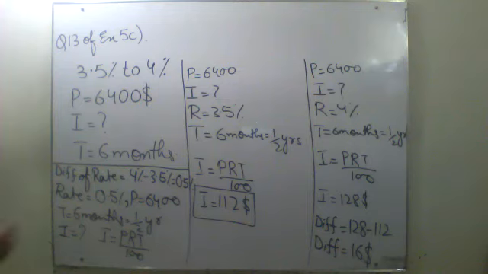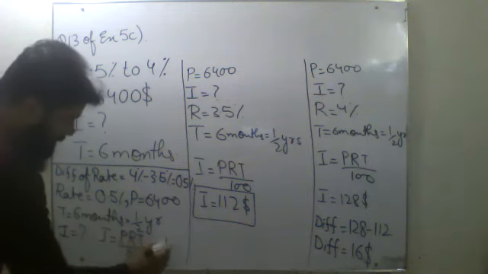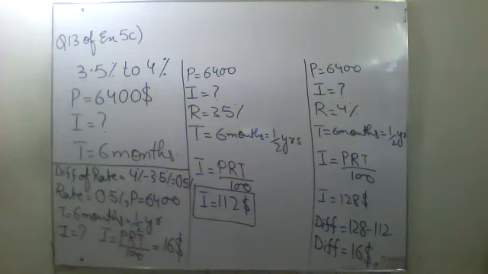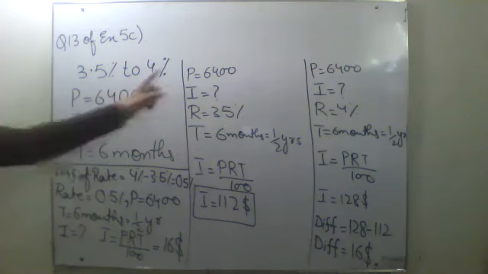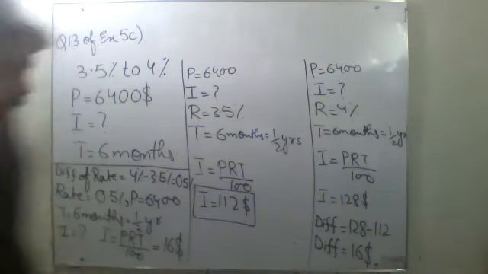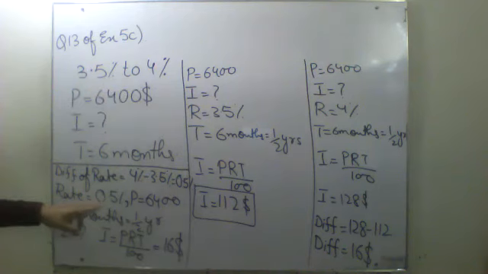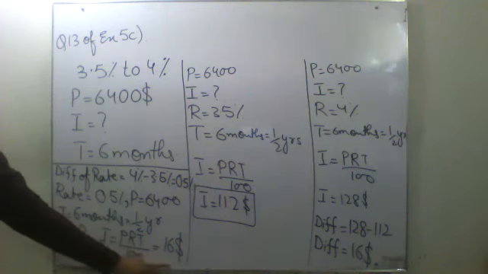When I simplify it directly, my answer is coming $16. So I am getting a $16 difference if I do it like this. If I take the difference between the rates and find the value of interest on that difference, I will get the answer directly.